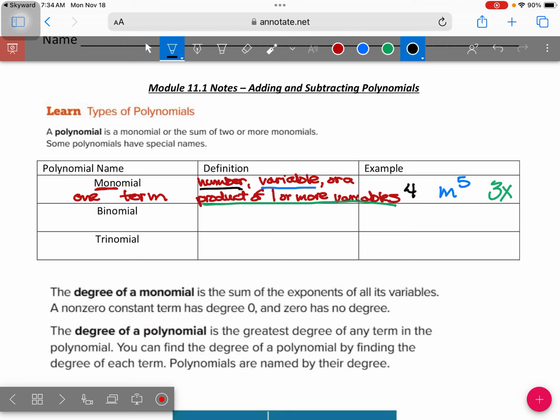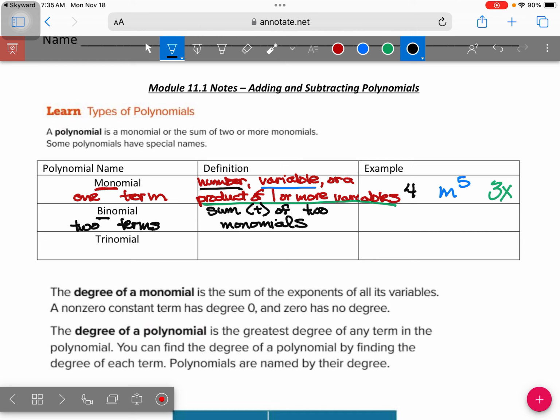Then we have binomial. Bi is a prefix meaning 2. So this means 2 terms. And the definition is a sum. And sum is what operation? Addition. Sum of 2 monomials.